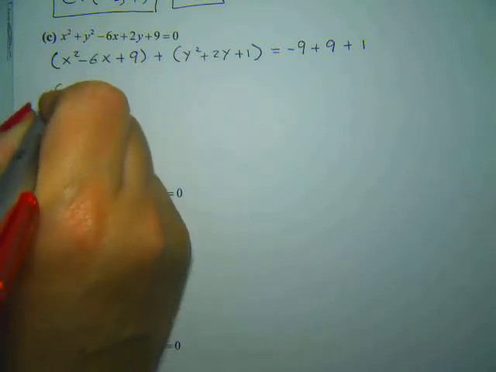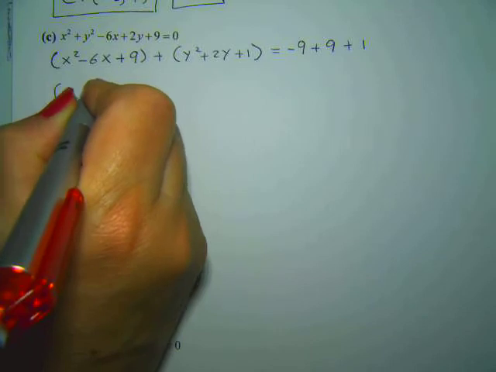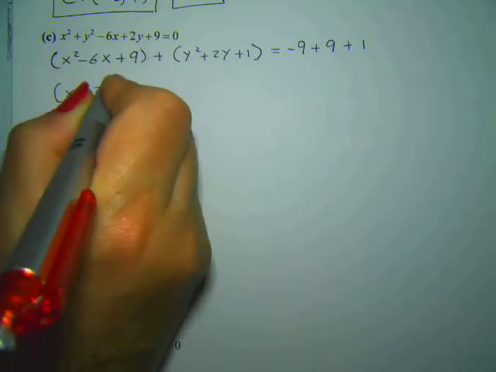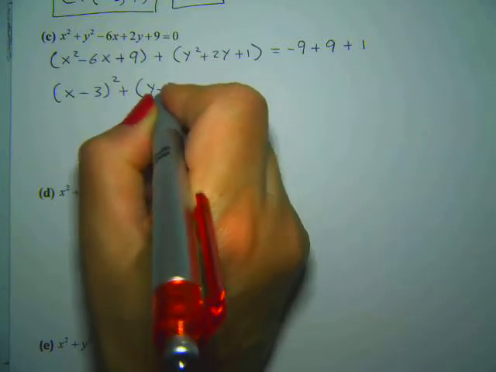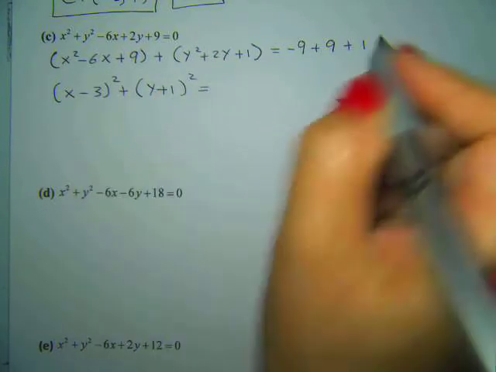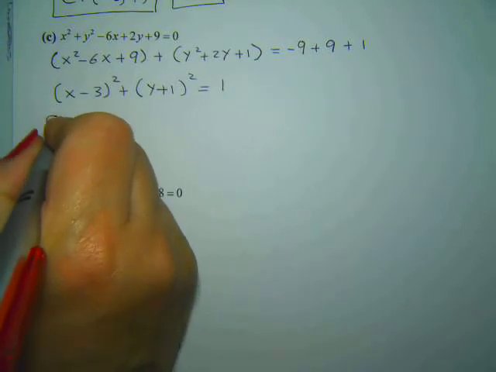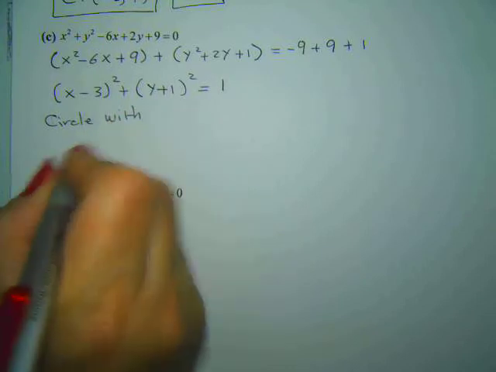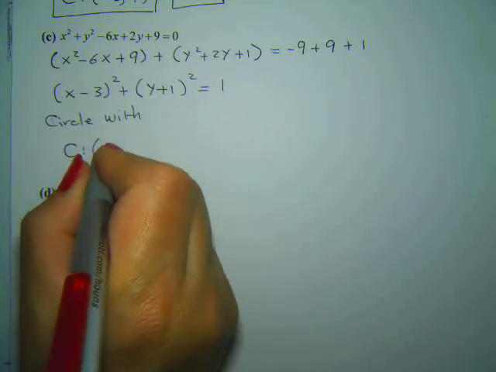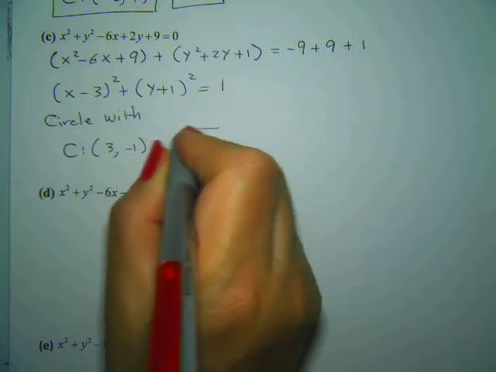And now this is the square root of the first, the square root of the last, the sign of the middle, squared plus y plus 1 squared is equal to, the 9 went with the 9 and I have a 1. So again we have a circle with center at 3, -1, and the radius is 1.